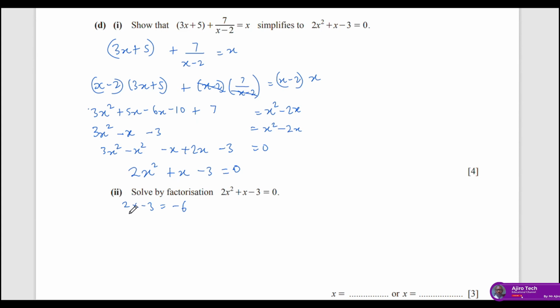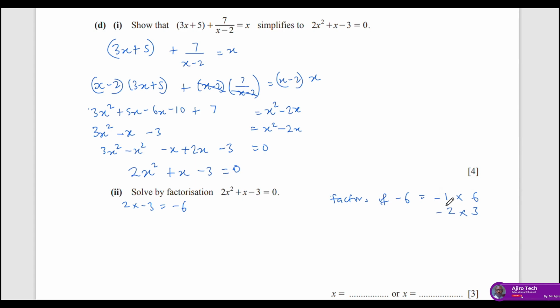Or let me say factors of minus 6 if you like. 1 and 6, 2 and 3. But since the middle one is positive, the bigger one should be plus, and the other one should be minus. Okay?